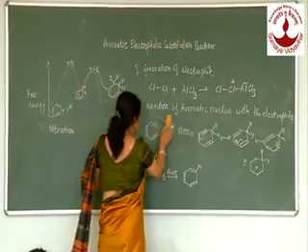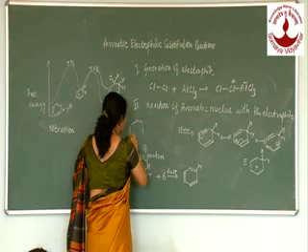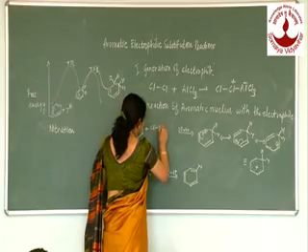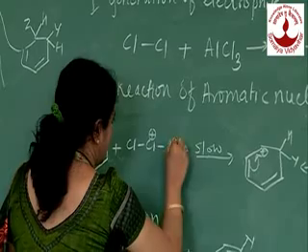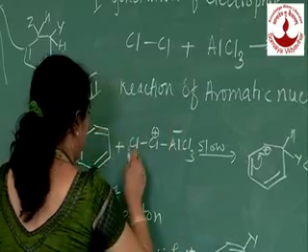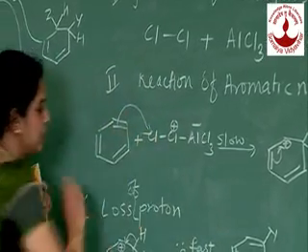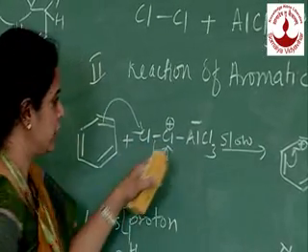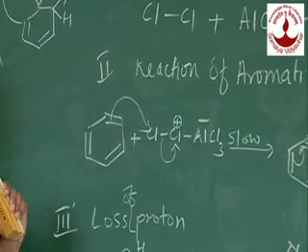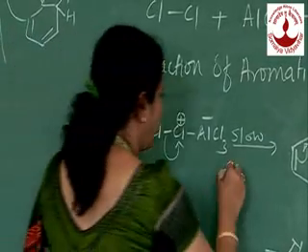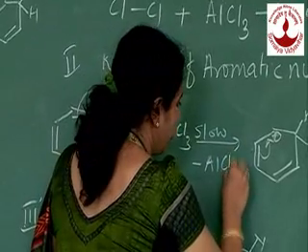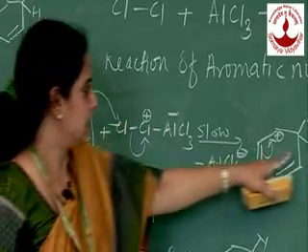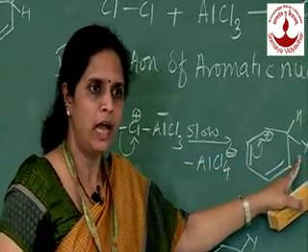Now this complex reacts with benzene in a similar manner. The pi bond attacks the chlorine and the sigma bond between the two chlorines is shifted onto the second chlorine, and you get the formation of AlCl4 minus, and the electrophilic chlorine is bonded to the aromatic nucleus.